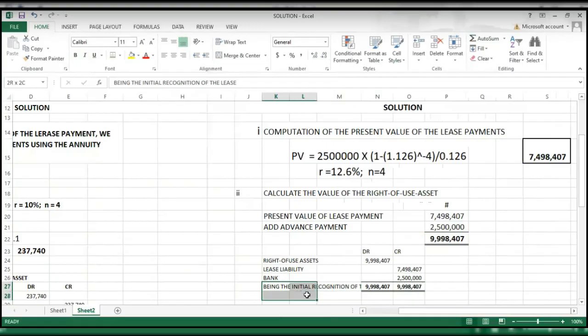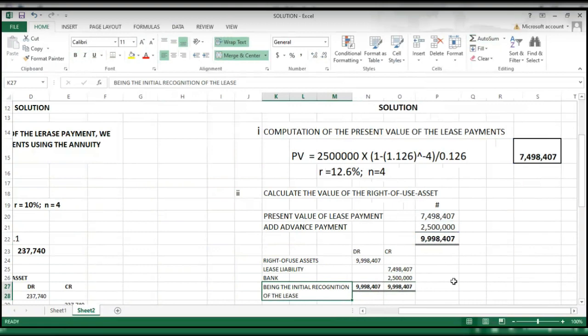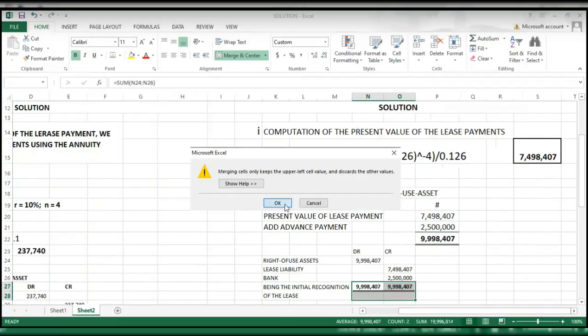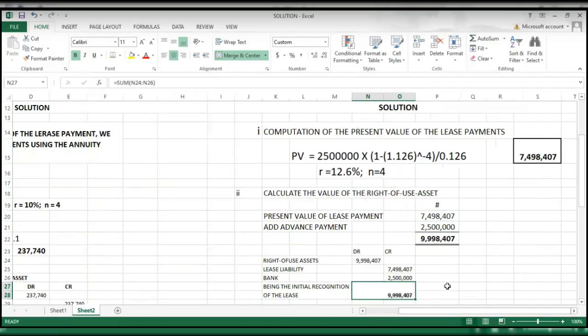Okay, let me just extend that here, for it to be clearly seen by all. So that's going to be the description of the journal that we have just computed. I want to capture this is how it is done in practice.